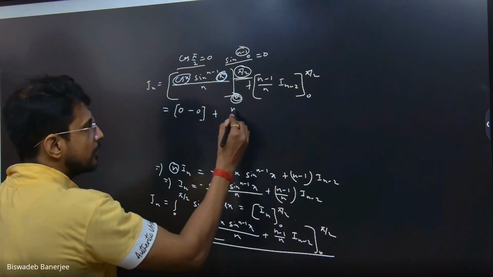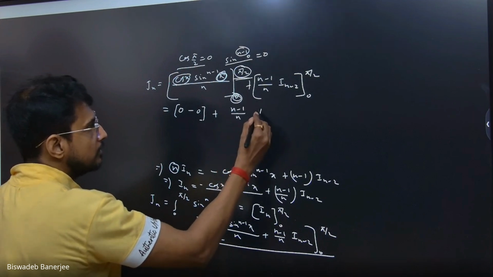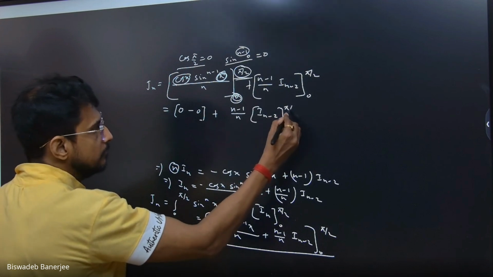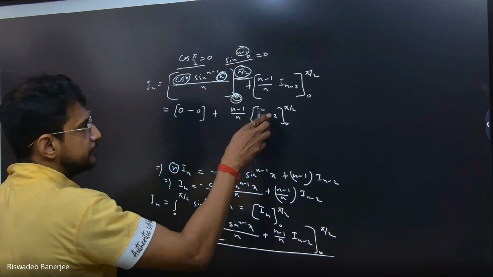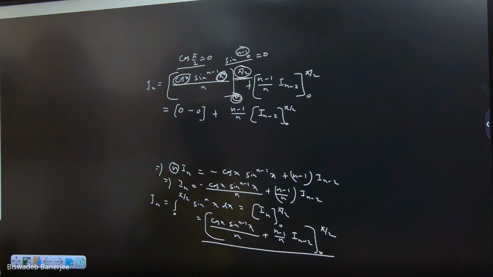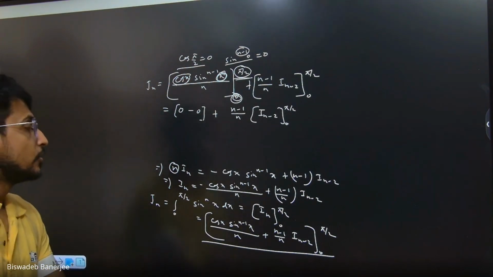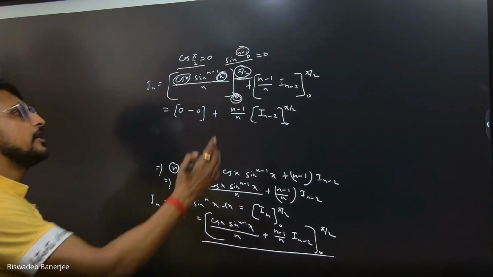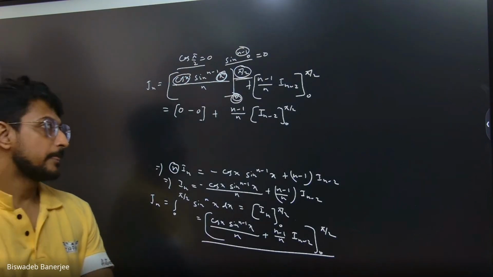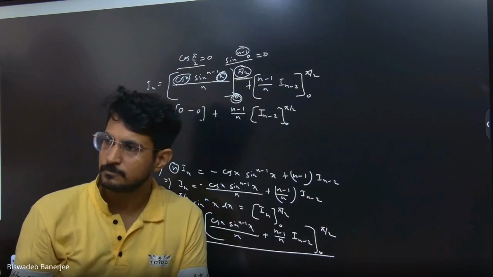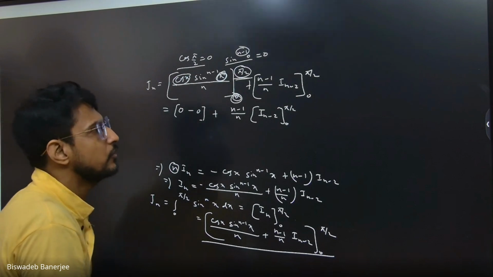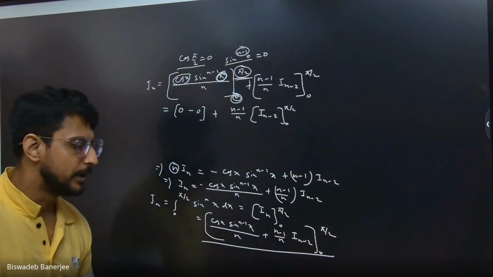And for this part, there is n minus 1 by n, which you can take outside. Then you put the limit on I n minus 2, from 0 to pi by 2.